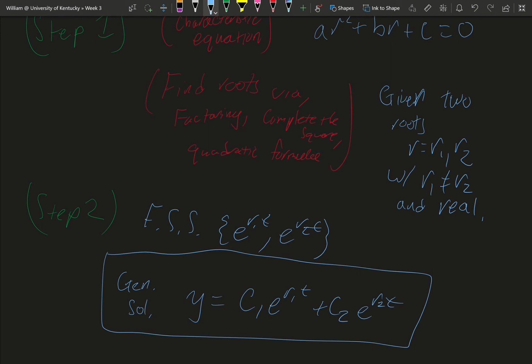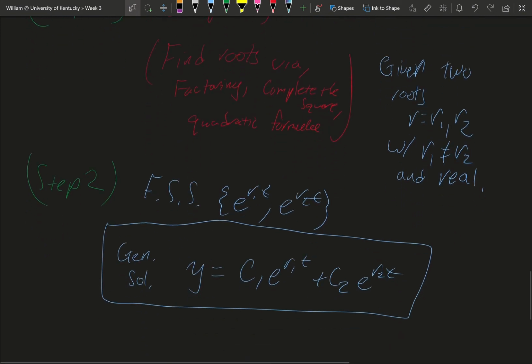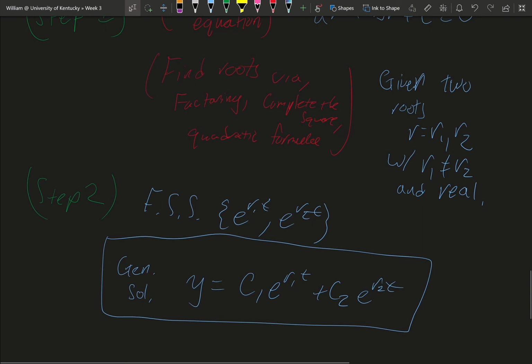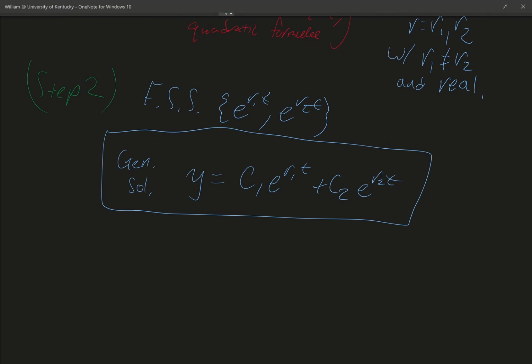All right, so pretty straightforward. Write down the polynomial, find the roots, make the jump to the general solution. Again, what I'm writing down here has two caveats that we're going to have to address in a further lecture. The roots have to be real, and they have to be distinct. What happens in the other case we will discuss later on, but let's just do an example.